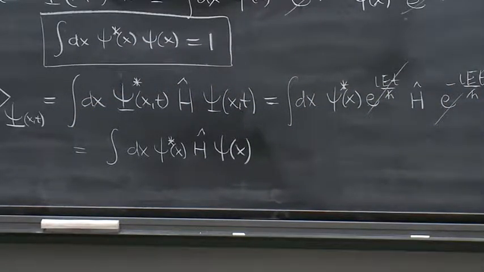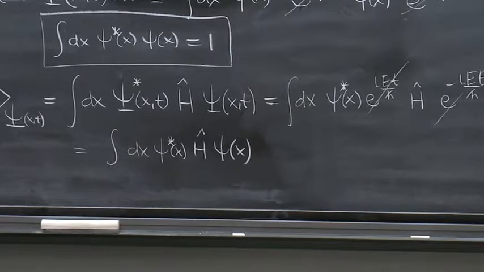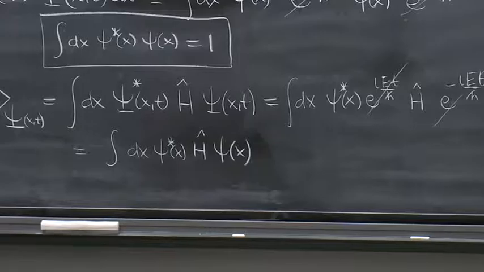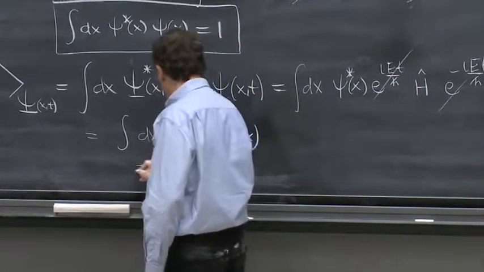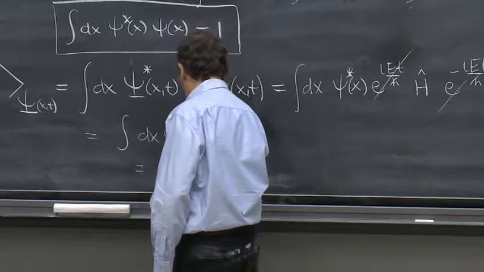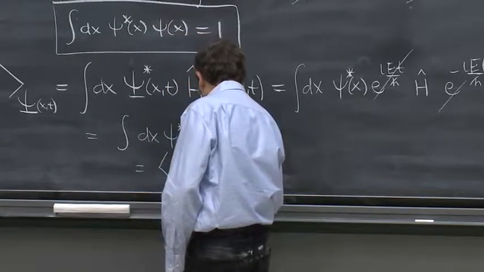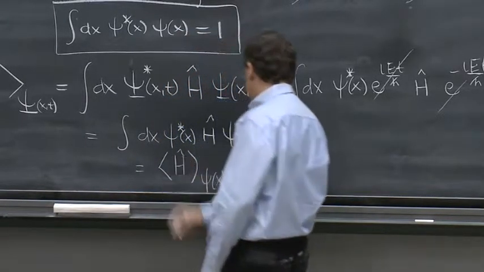The expectation value of H on the full stationary state is equal to the expectation value of H on the spatial part of the stationary state. That's neat. I think it should be noted. So it's equal to the H on little psi of x.